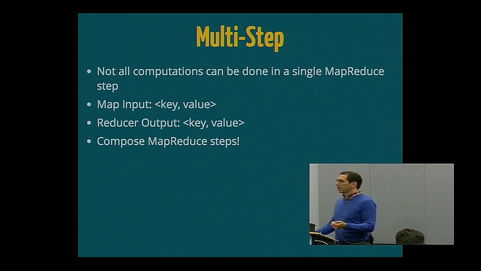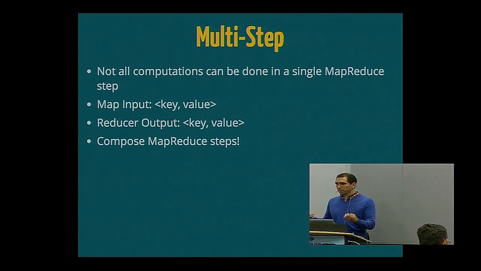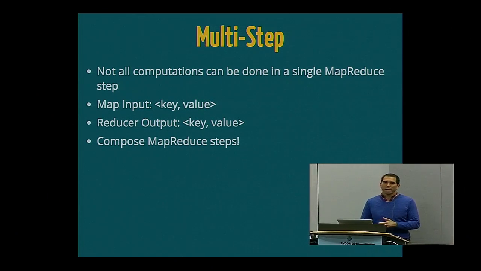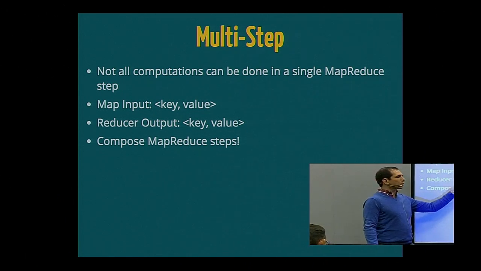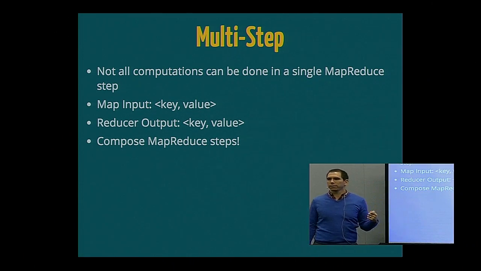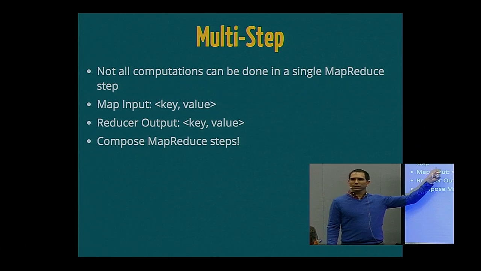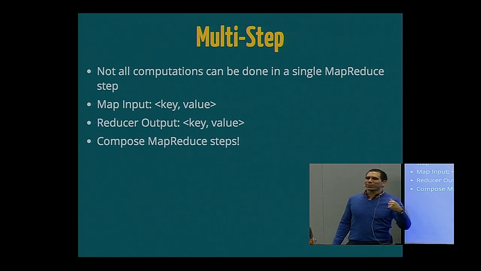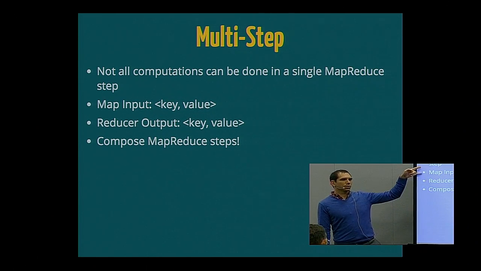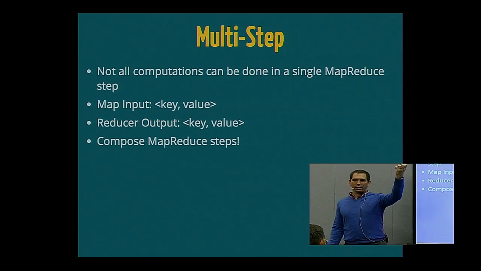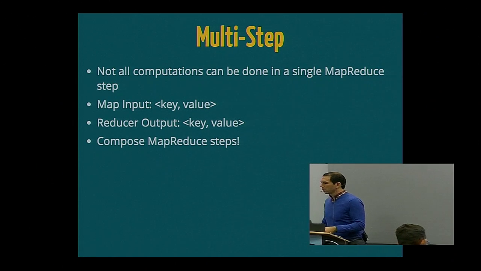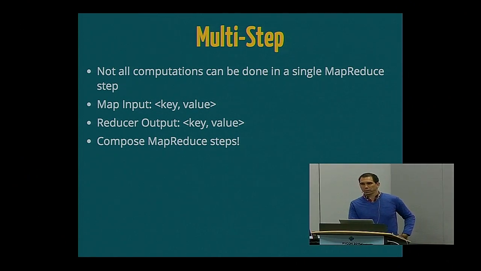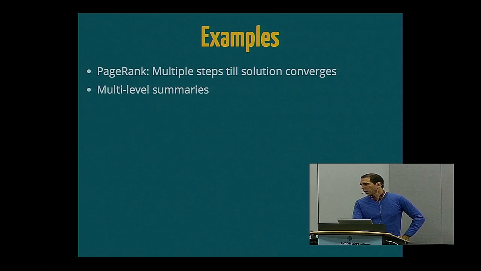In our case, we might need to use multiple MapReduce steps, and it's convenient because the reducer outputs keys and values, and the map takes keys and values. So we conveniently have a way to compose these two functions and string them together to produce multiple map and reduce steps. So that's what we're going to be doing.